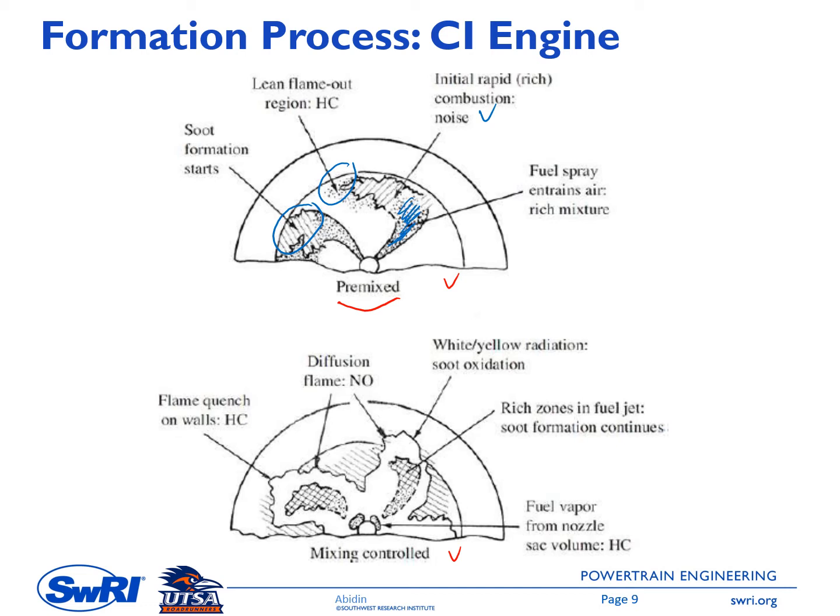And then in the mixing control period, there will be unburned hydrocarbon formation on the wall because of the flame quenching, and there will also be NO formation inside the flame front.